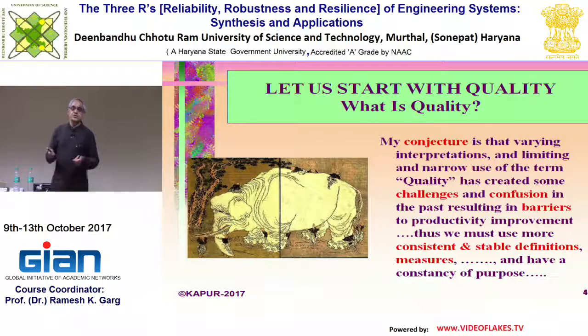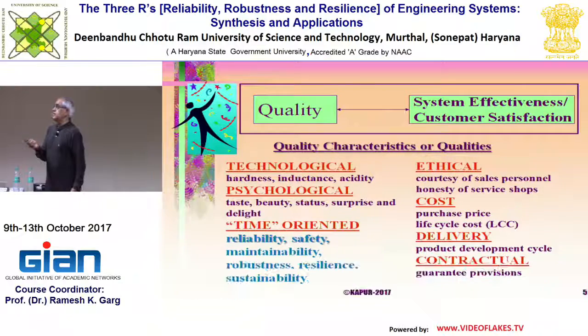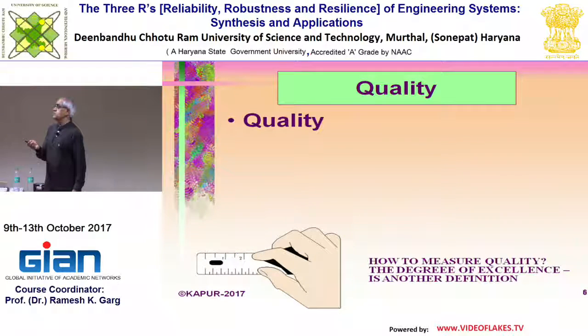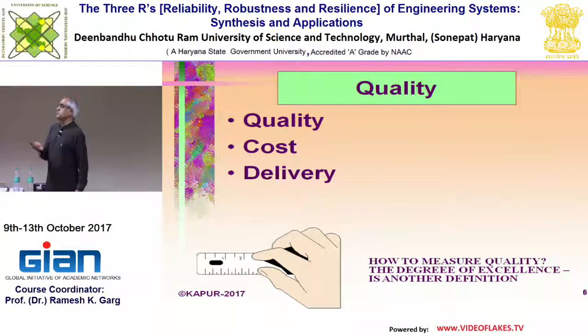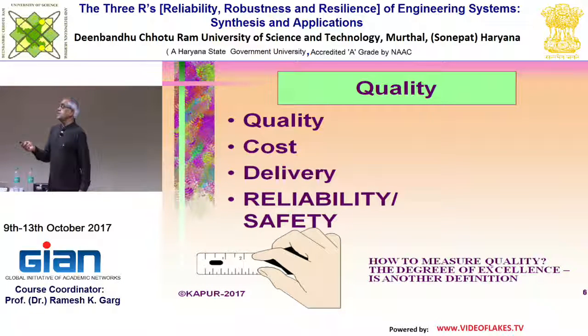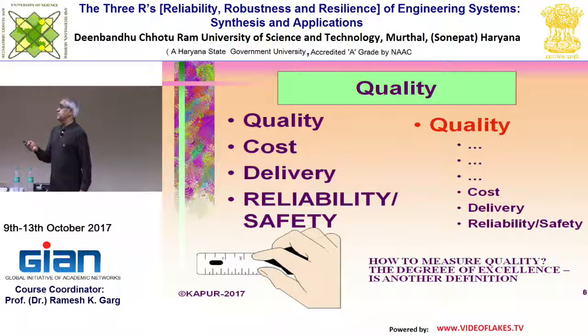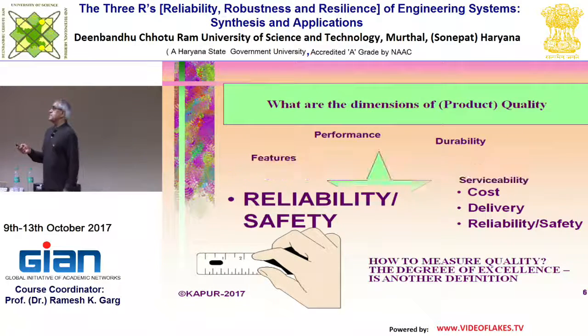If you do that, then there are some quality related problems. This slide again re-emphasizes that quality is not different from cost or delivery. Cost, reliability, and delivery are some of the qualities of a system. That's the basic idea.